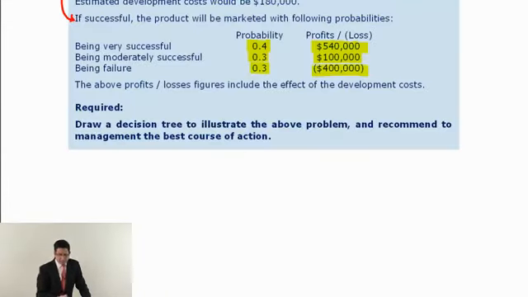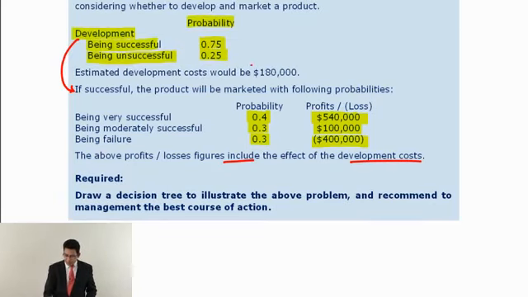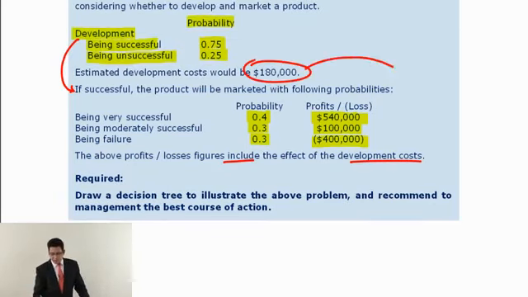Okay, the last part is the above profits or losses figures include the effect of the development cost, meaning this development cost, which was $180,000, that has already been adjusted into these values, okay, because it says clearly the above profit and loss figures include the effect, meaning this 180 has already been deducted from the total profit or loss.